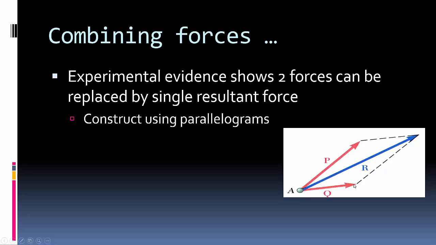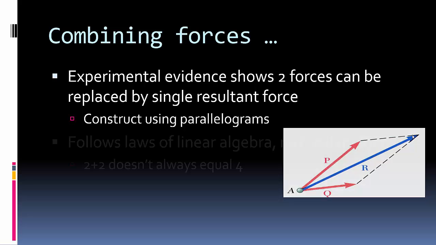Well, if you draw a parallelogram with these two, this is parallel to Q and this is parallel to P, then you put the resultant force here, this R. The particle can be feeling these two forces, or you could say it feels this one single force. And as far as the particle is concerned, it knows no better. It's the same effect on the particle.